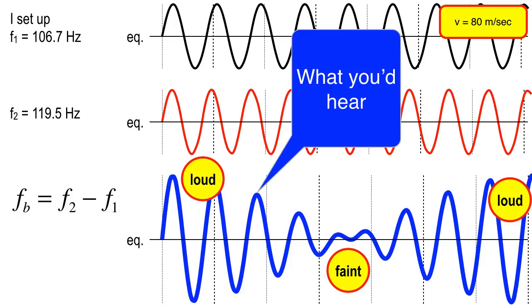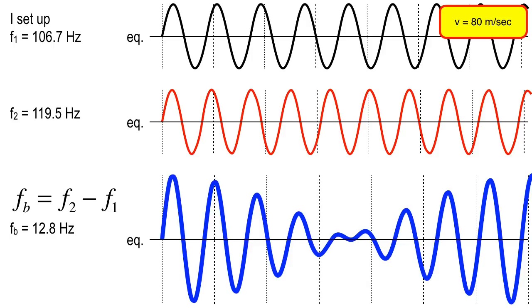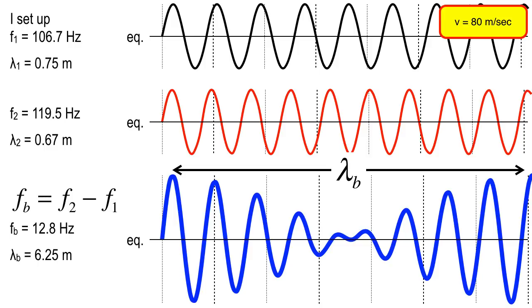And so that's what you get with beats. In this case, the beat frequency is 12.8, and you can figure out the beat wavelength, 6.25. Here it is, between two successive loud parts.